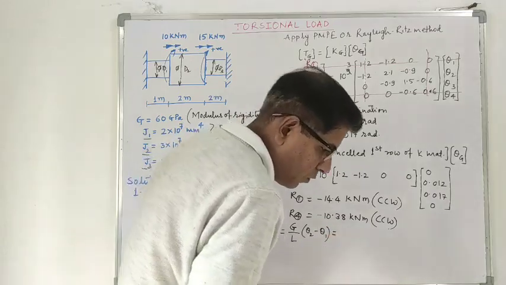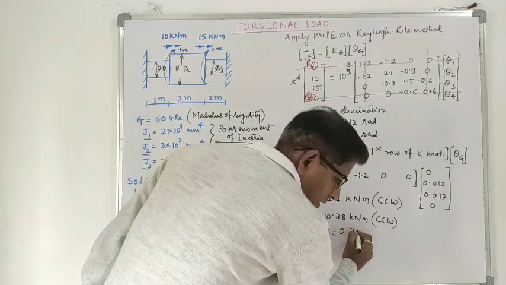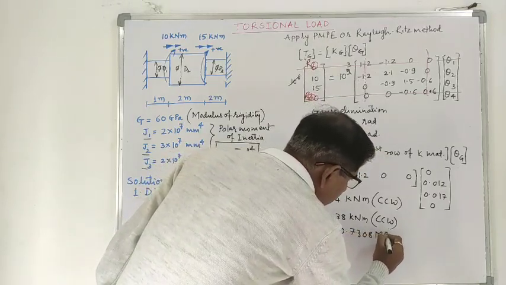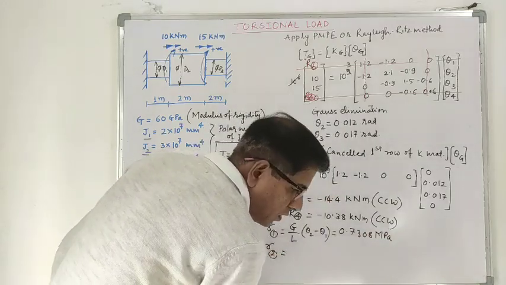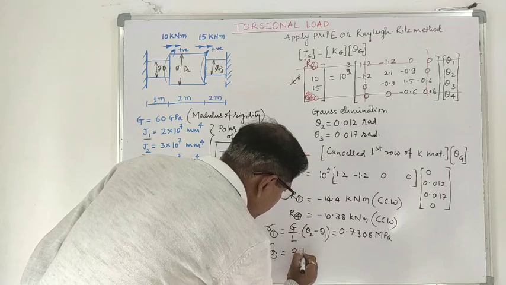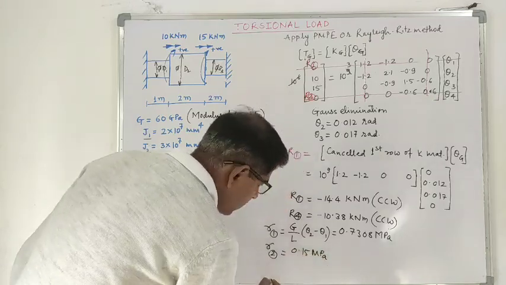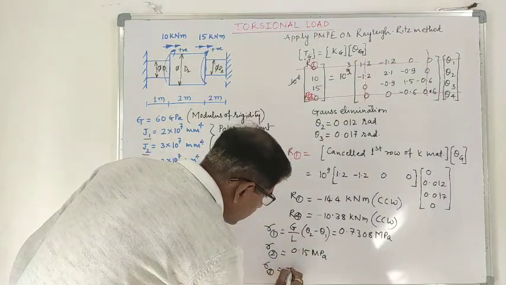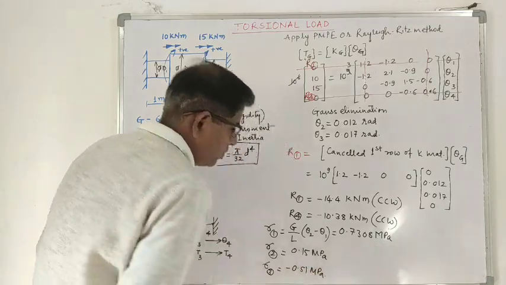So this comes out to be 0.7308 megapascal. Sigma 2 comes out to be 0.15 megapascal, and sigma 3 is equal to minus 0.51 megapascal.